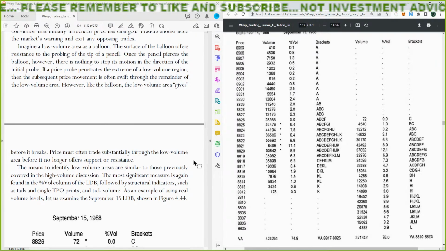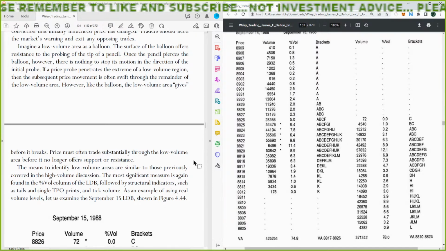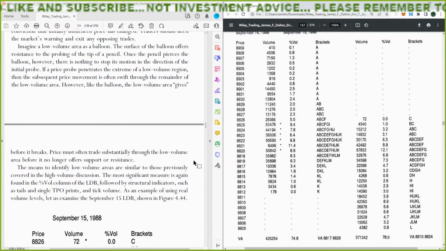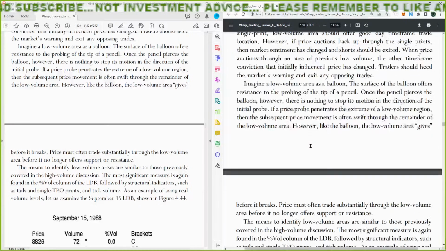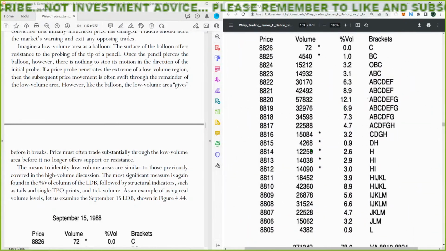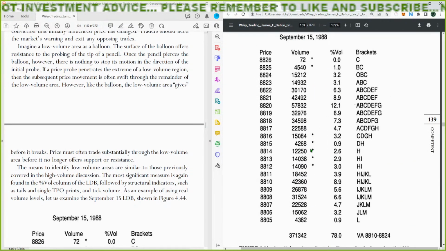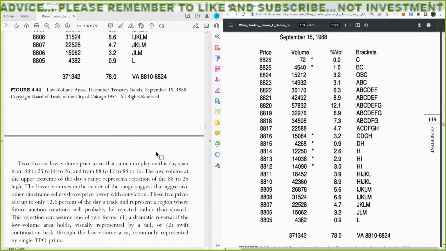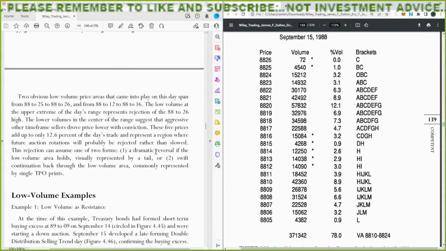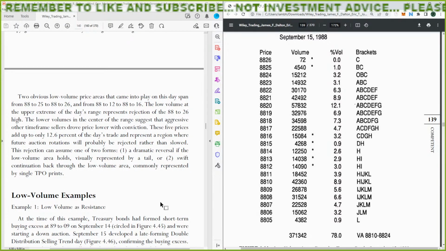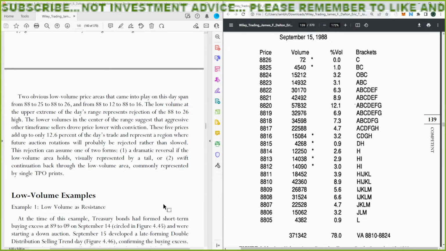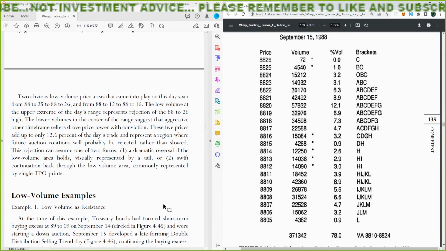As an example of using real volume levels, let us examine the September 15th LDB shown in figure 4.4. Two obvious low volume price areas that come into play on this day span from 88-25 to 88-26, and from 88-12 to 88-16.